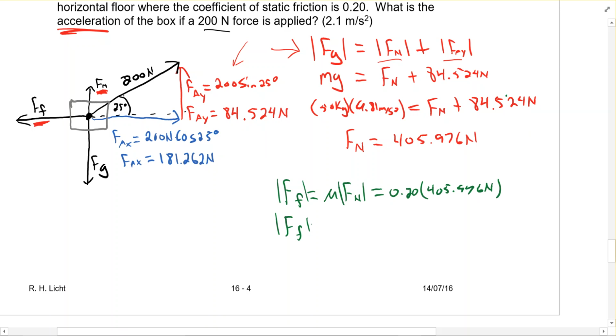So force of friction is going to be 81.195 newtons. Okay, we're almost there.